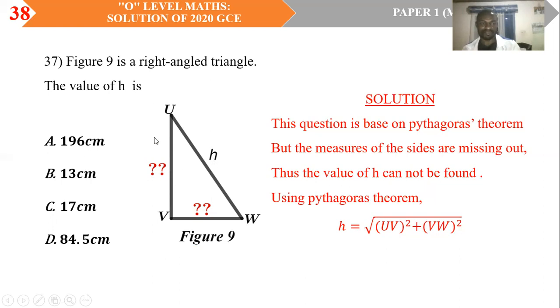But now that the answers are given in terms of numerical values, whereas we don't have numerical values, it means that this question lacks enough information to be able to answer. Thus, the value of h cannot be found. If they were given, we would have simply used the relation h equals the square root of this distance squared plus this distance squared.